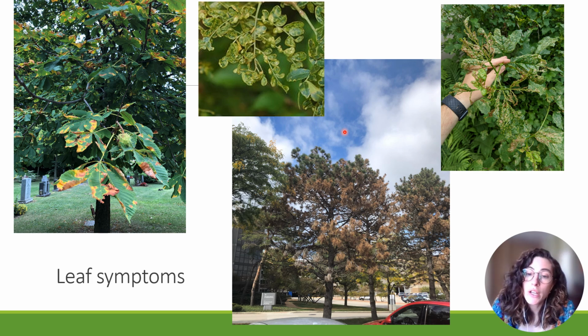Or if we flip over into, say, more of our insect leaf symptoms, you'll notice we have more deformation, cupping and curling, or complete loss of tissue, whereas with the diseases the tissue stays, it just dies. With our insects, cupping or curling, also stippling or this bleached look can be a symptom of a piercing sucking insect, and then of course chewing holes or skeletonization would be more a symptom of a defoliating insect.